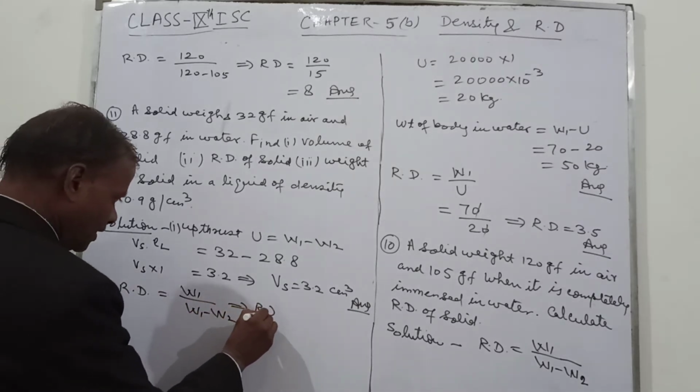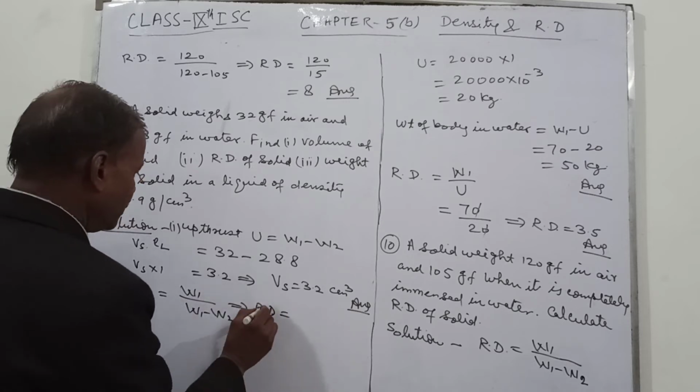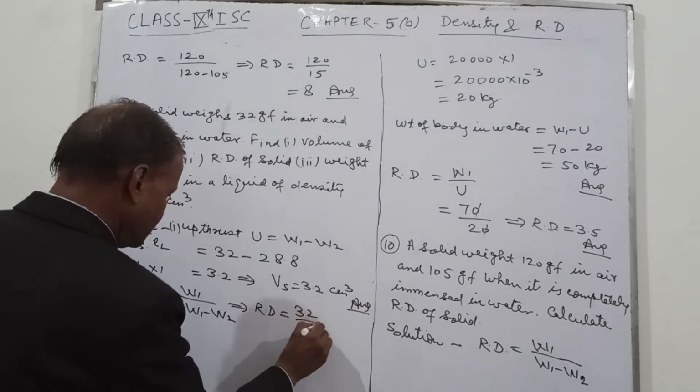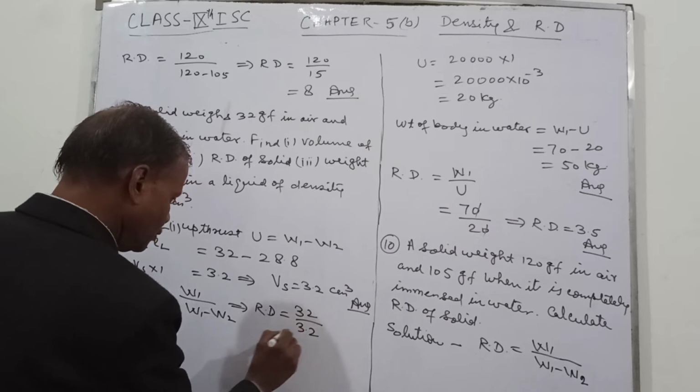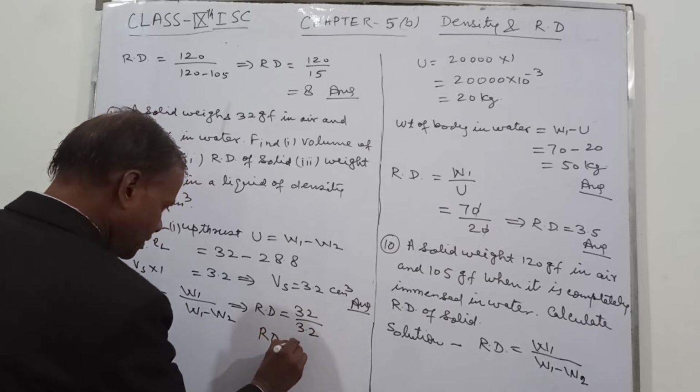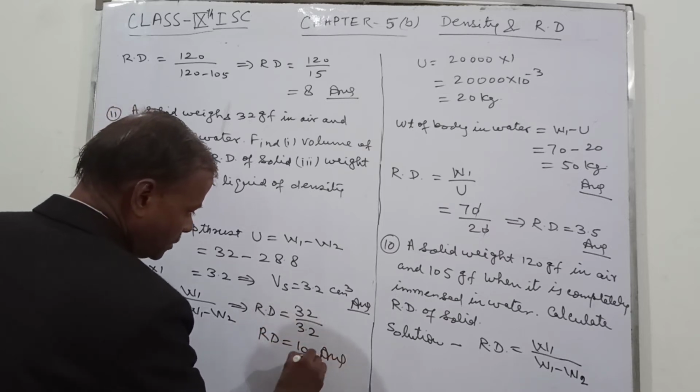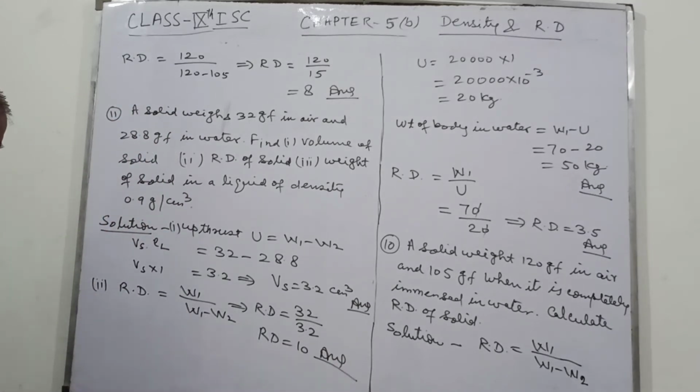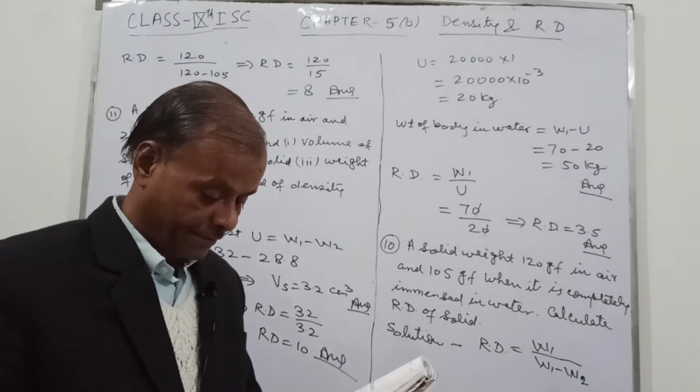So RD equal to W1 is equal to 32 upon 3.2. So this RD equal to 10. This is the relative density of the solid.